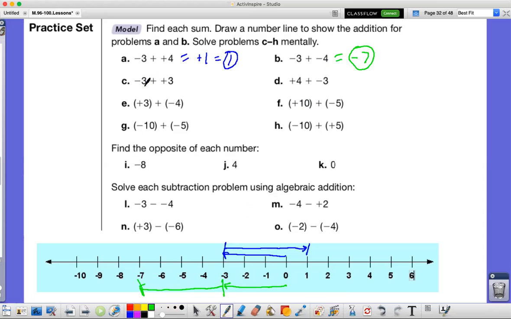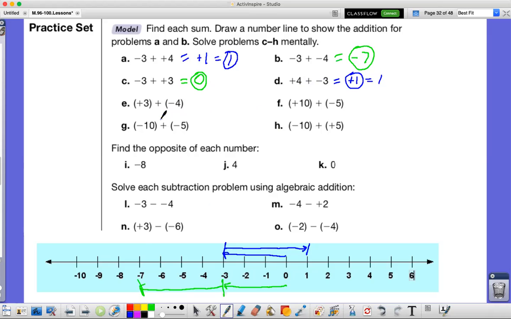All right, and it says do these mentally, C through H. So what is -3 plus a +3? Good job if you answered 0. That's correct. What about letter D? +4 plus a -3. +1 or just 1.